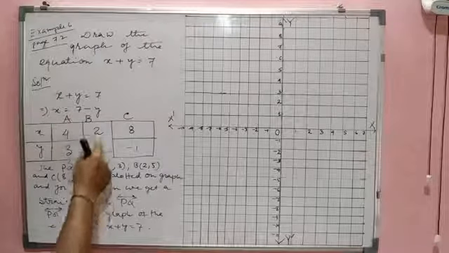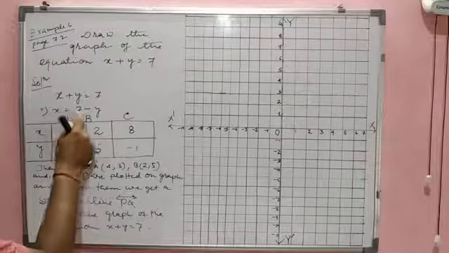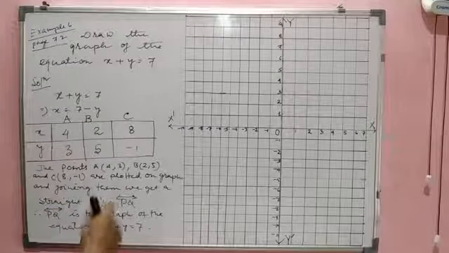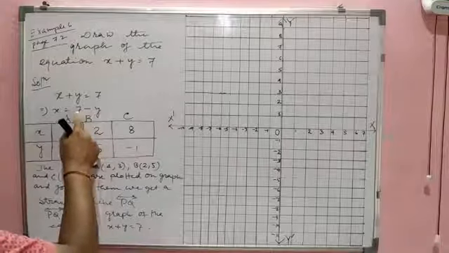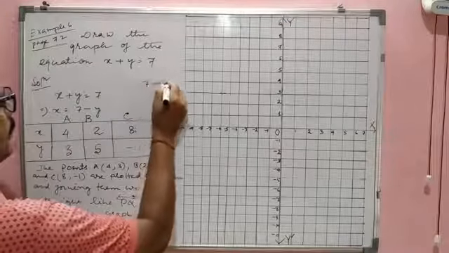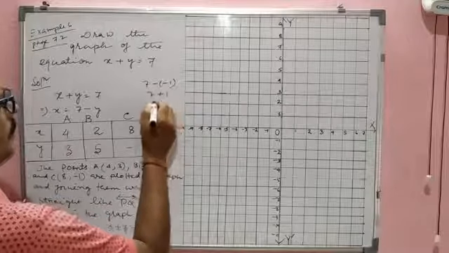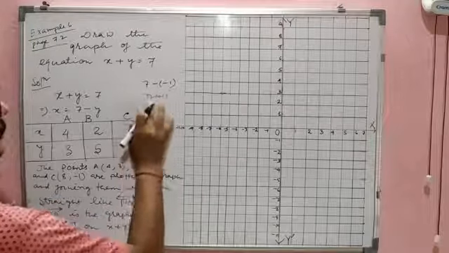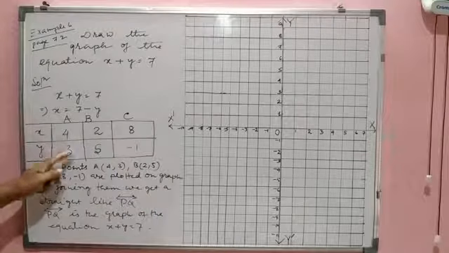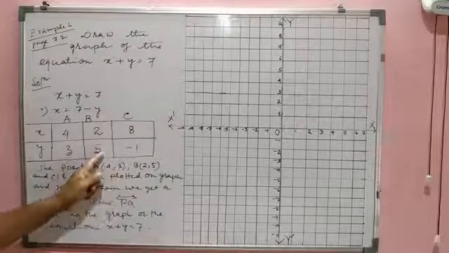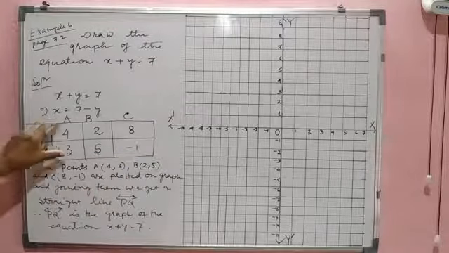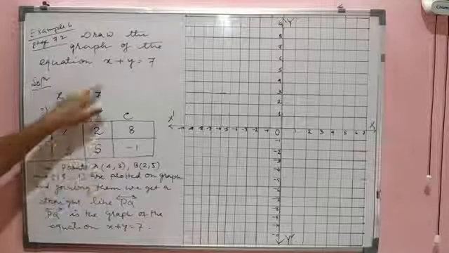If I put here the value of y as 5, so 7 minus 5 equal to 2, the value of x will be 2. If I put here minus 1, so 7 minus minus 1, that is 7 plus 1 equal to 8, so this is 8. So 4, 3; 2, 5; and 8, minus 1 are the three pair of solution of this equation.